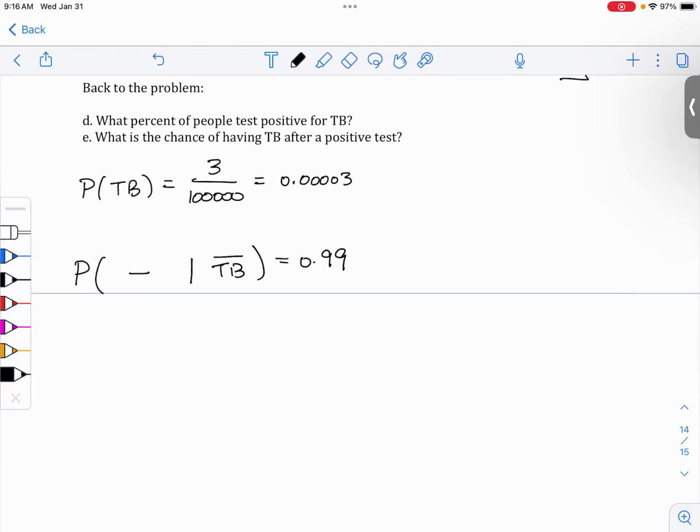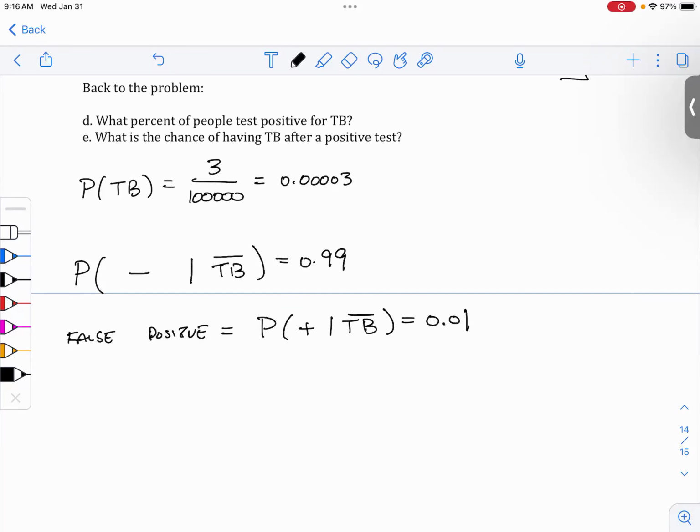Hence, all right, if I know the correct identification, that means the false positive, which is the probability of getting a positive result given no TB, is 1%.